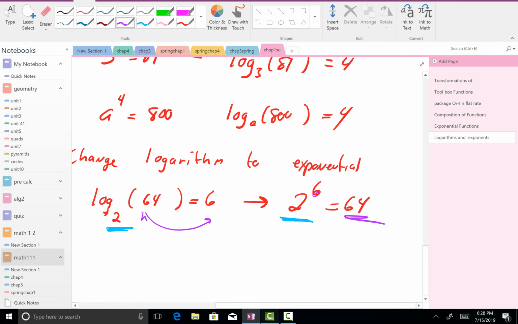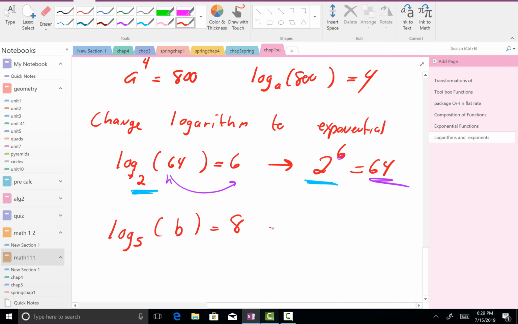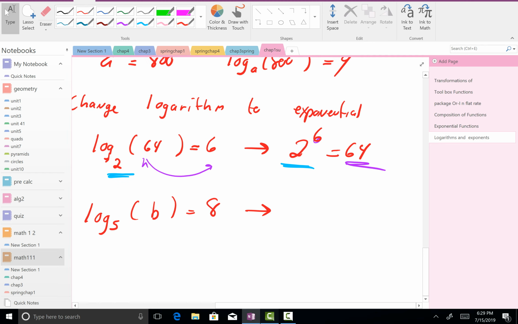All right, so all you're doing is rearranging it. Same thing happens again if they throw a variable in this one. Okay, nothing much exciting, just same thing. So if they put a b here and they say this is 8, so then what are we going to write for our exponential? What's that going to look like? 5, yeah.